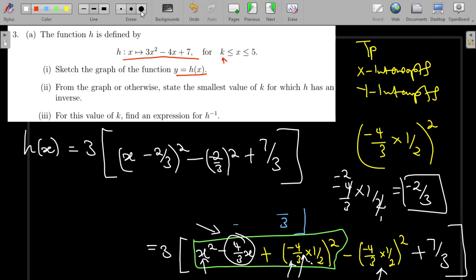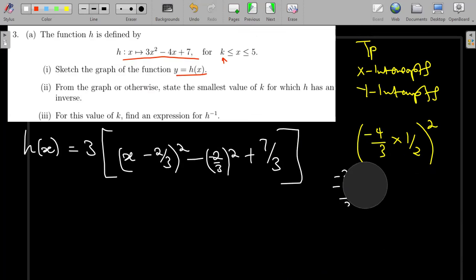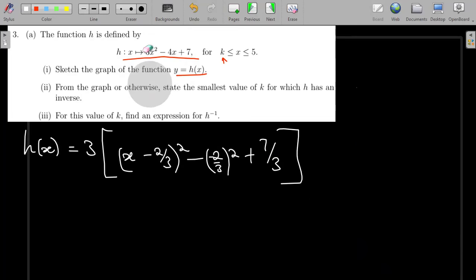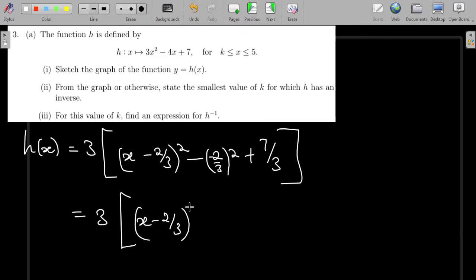Okay, so let's now combine the terms there. So we see that here we're going to have now 3, and then x -2/3 squared minus. So inside here, when I square, I'm going to have 4/3. Okay, so this negative inside here will disappear when I square. And then I still have this negative outside there, and then plus 7/3.